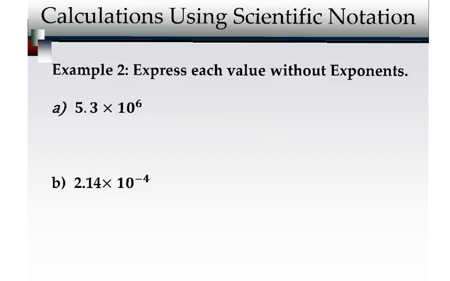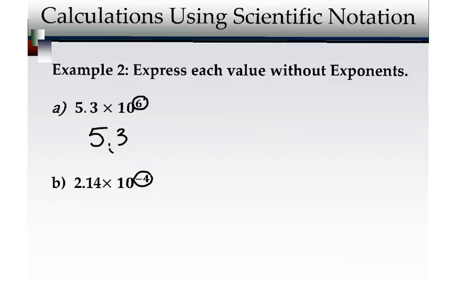Okay, so for this one, we have 5.3 and we want to move it 6 decimal points to the right. Okay, because it needs to be a big number. 5.3 times 10 to the 6, that's going to be a big number. When we get it down here, you'll see that that is going to be a small number.